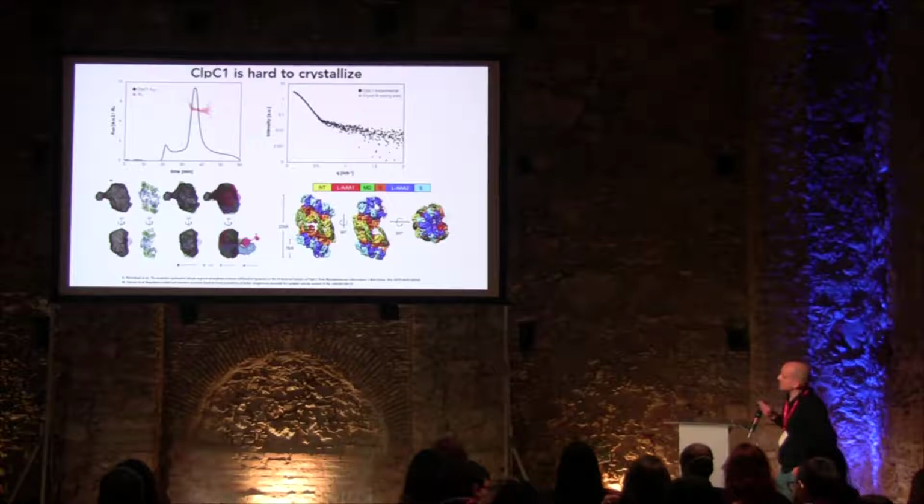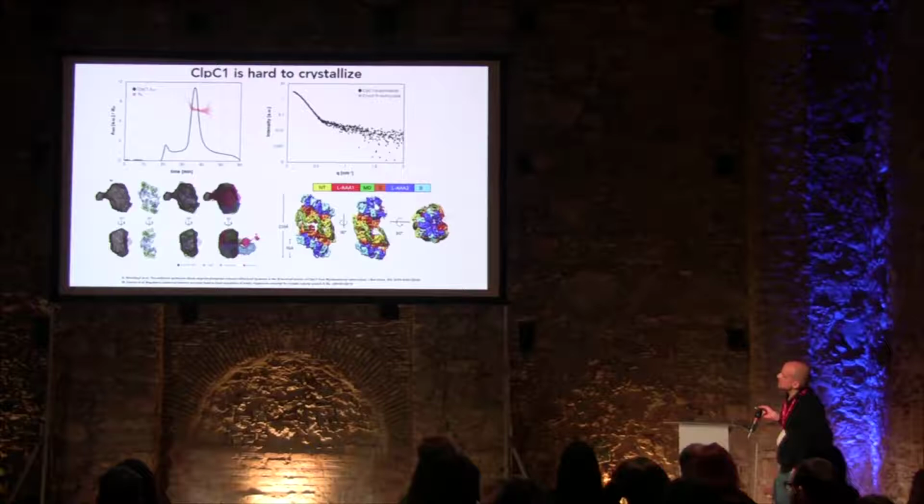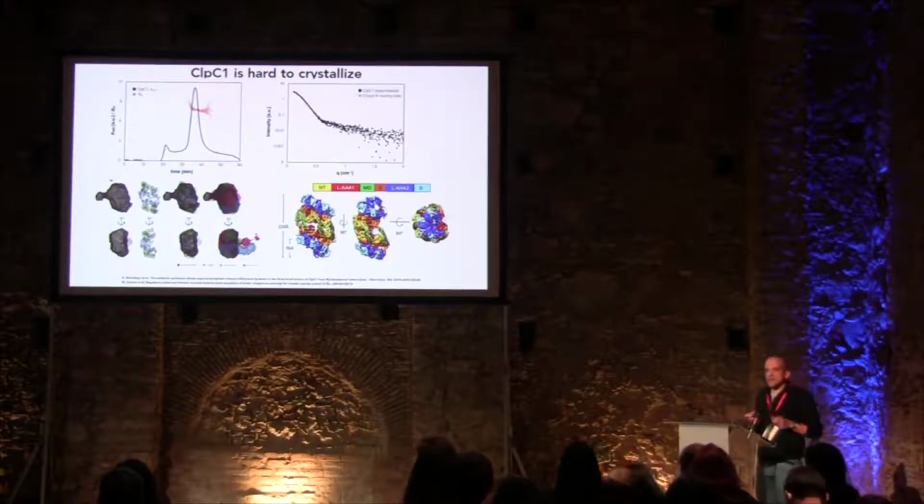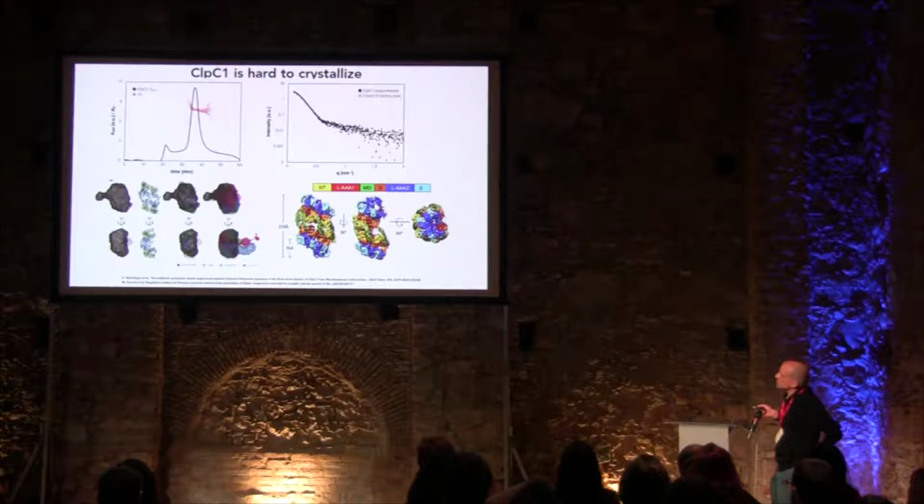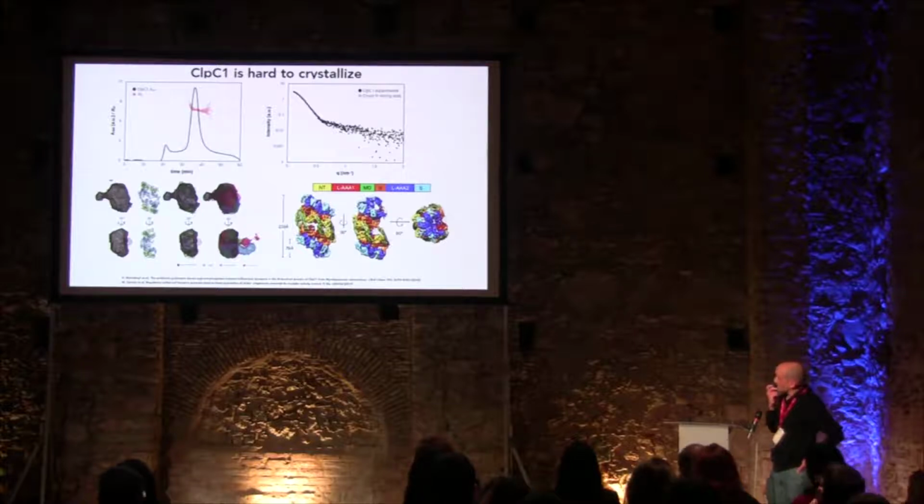Our results came at the same time as results from the Mycobacterium group in Germany, when they identified a resting state for this kind of protein. So in fact, this protein doesn't really exist in the cell as a hexamer, but is distributed between a resting state that has this kind of shape, a bit more flat and difficult to describe. We thought at the time this would be the reason why we couldn't crystallize this protein, that the protein is heterogeneous.